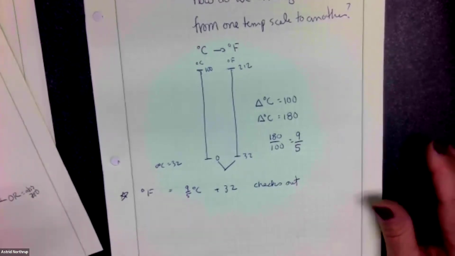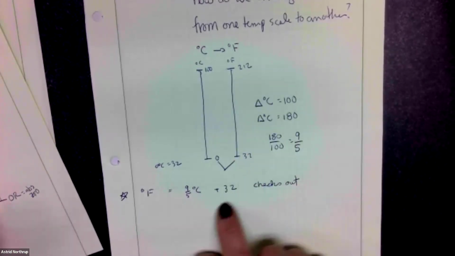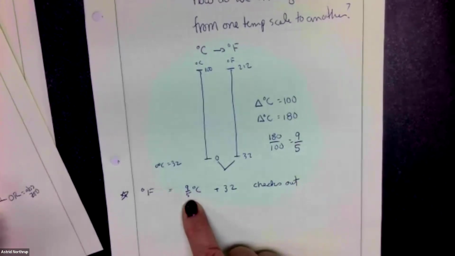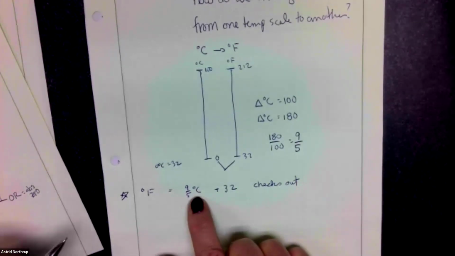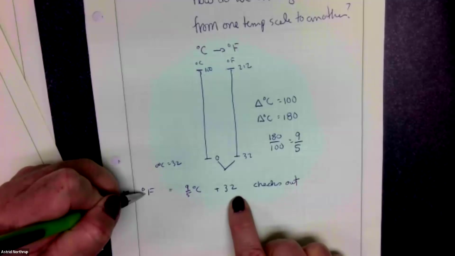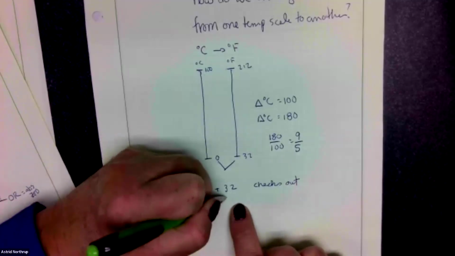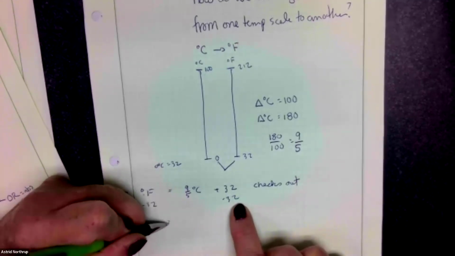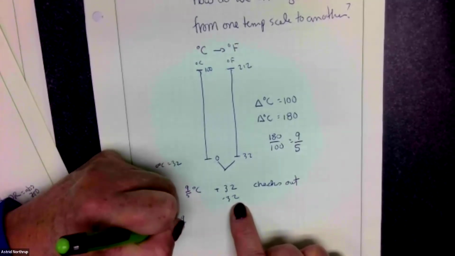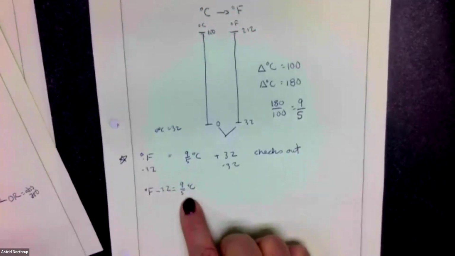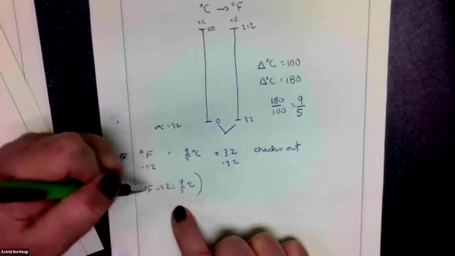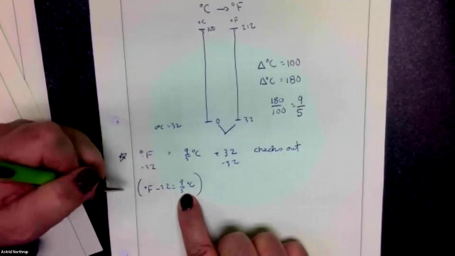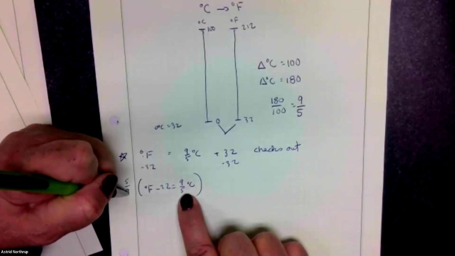All right, now what if we go the other way? Well, instead of doing the scales, let's just solve this equation for degrees centigrade, okay? Because something a little bit different happens here. The first thing is we would subtract 32 from both sides, and we would get degrees Fahrenheit minus 32 equals 9/5 degrees centigrade. But then I need to multiply both sides of the equation by the reciprocal of 9/5, which is 5/9.